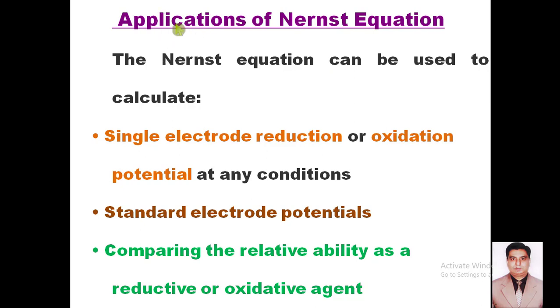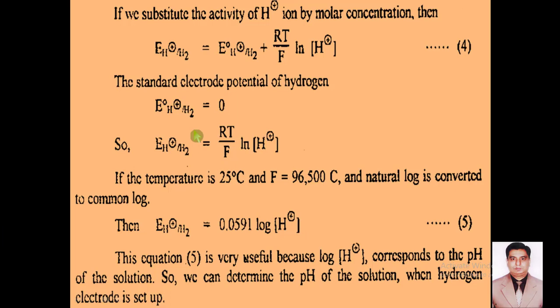In my previous slides, I have discussed that the Nernst equation can be used to determine the pH of the electrolyte. For that, I have explained in my previous slide that for a cell containing hydrogen electrode, this electrode potential is related with 0.0591 log of the hydrogen ion concentration.